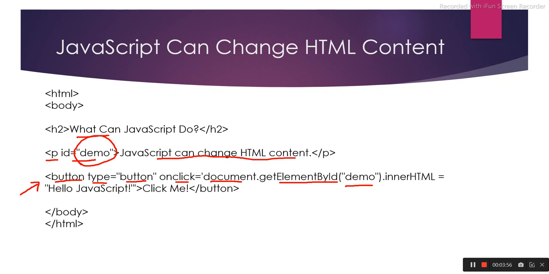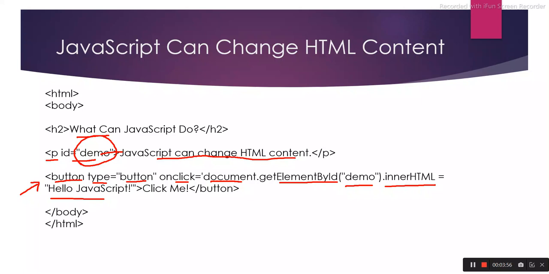So I am getting the paragraph which is available on the page. Now I am trying to change the inner HTML of the paragraph. So document.getElementById of demo will give me the paragraph tag. Dot innerHTML equal to, I am writing a message like hello javascript.